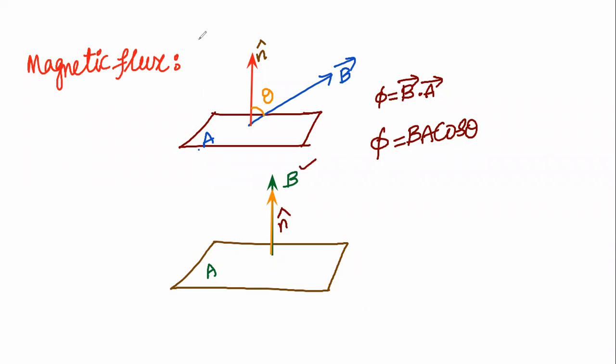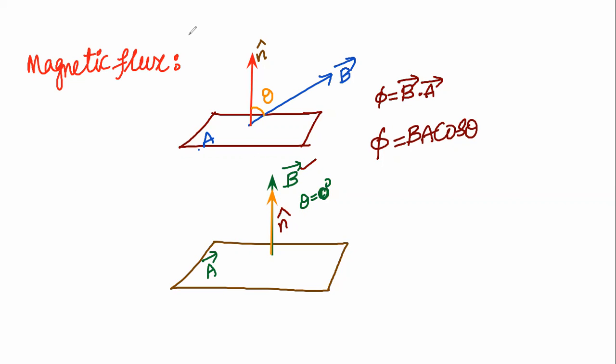Magnetic field B bar and the normal are in the same direction. The angle between the magnetic field and the normal is 0 degrees.